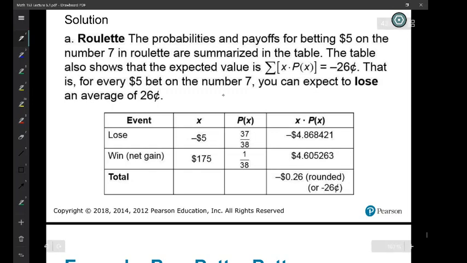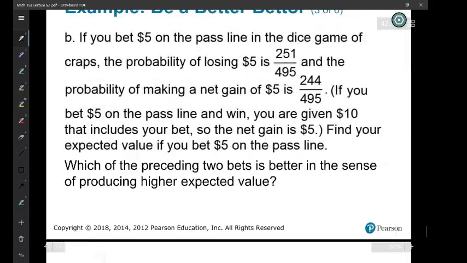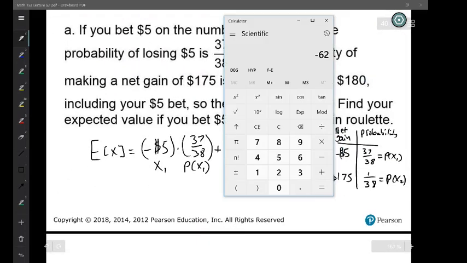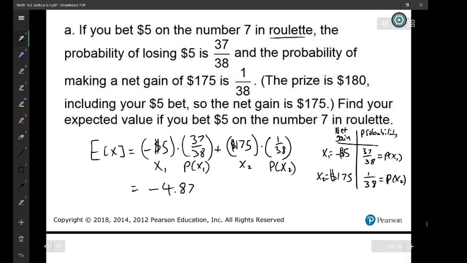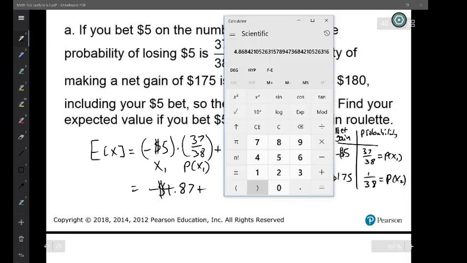These are the amounts we get. Let's verify here. Take negative 5 times 37 divided by 38, which is negative 4.87. And add that to 175 times 1 divided by 38, that's 4.61.